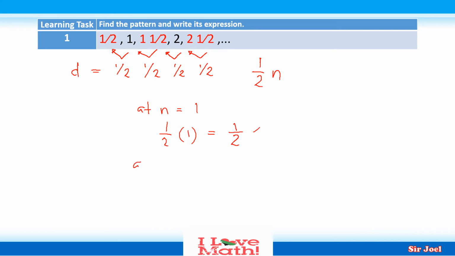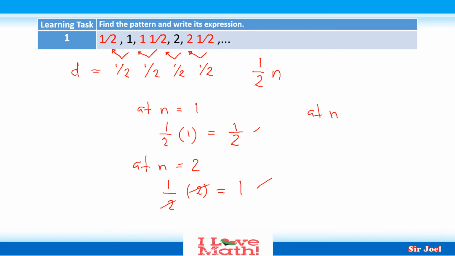At n equals 2. So, at n equals 2, ay di 1/2 times 2. Okay? Equals. So, 1/2 times 2, makakancel yung 2. Ang natira ay 1. Ba, nasatisfy ulit natin. 1. Okay?